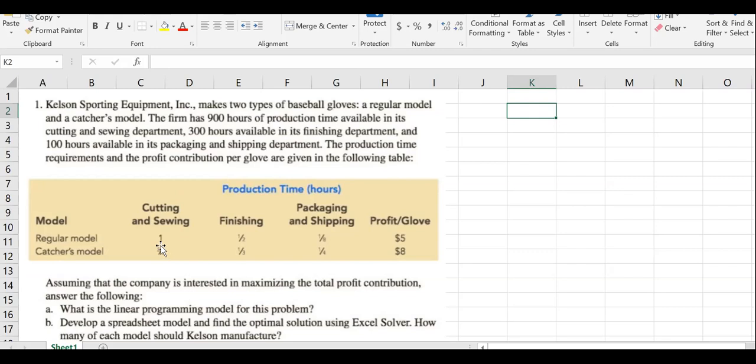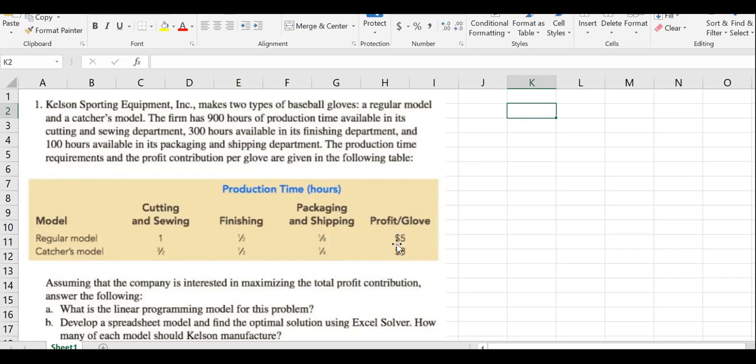And we also know exactly how many hours of labor in each department we need per unit of each model, regular and catcher's model. For example, for producing one regular model, we need 1 hour of labor from the cutting and sewing department, half an hour of finishing, and 1/8 of packaging and shipping.